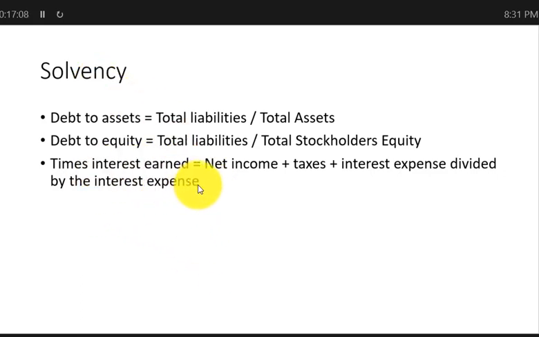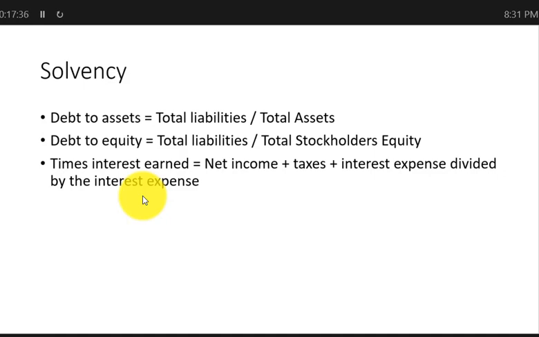A more complicated measure is the times interest earned, where we take the net income plus taxes plus the interest expense off the income statement, and then we divide that by the interest expense. Basically, figuring out how much money we have earned as a company compared to how much interest we have to pay, to see if we have more money than we need to pay in interest.